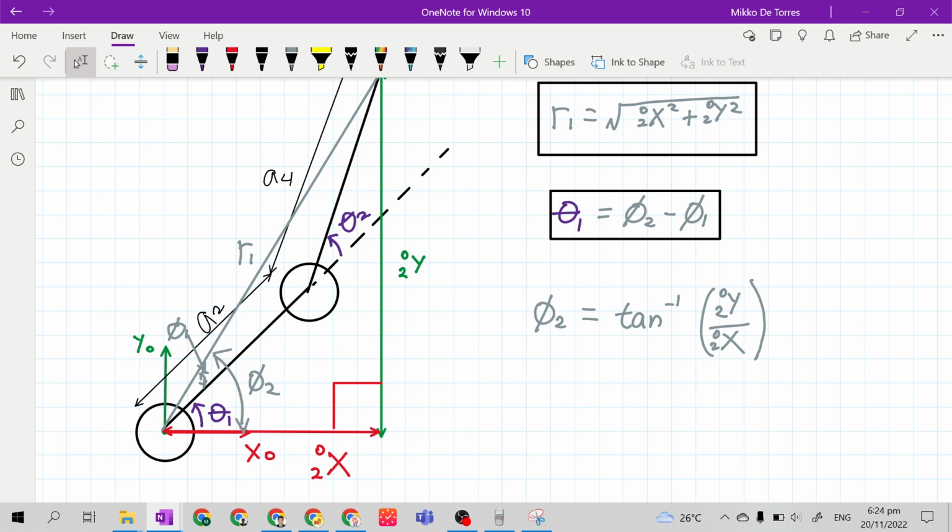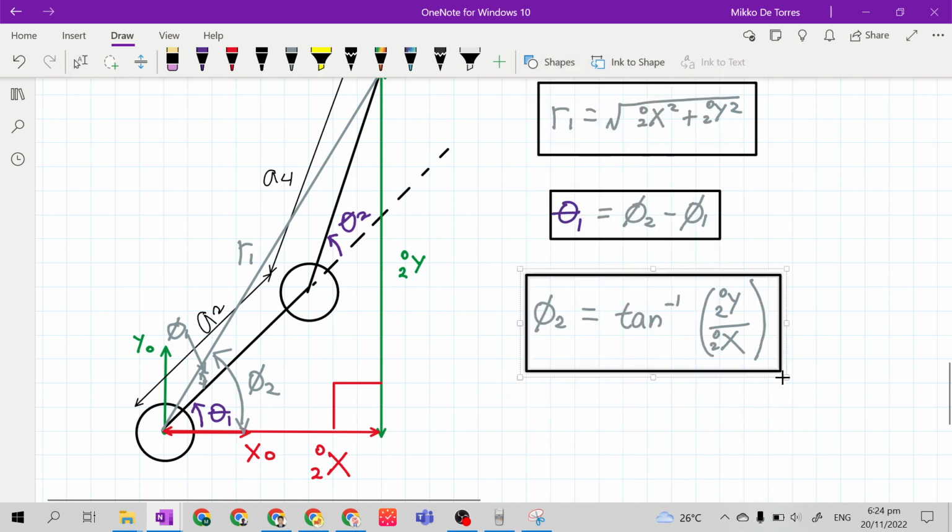Again, phi 2 is the opposite angle of our side y02, which is given, so we can get phi 2 using the tangent formula. Let's box this formula.